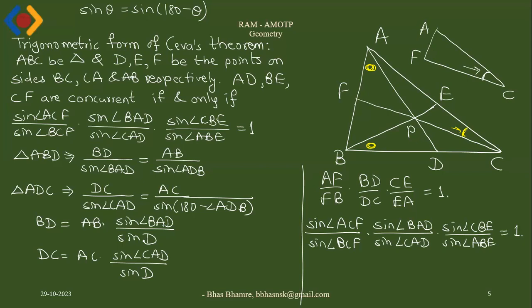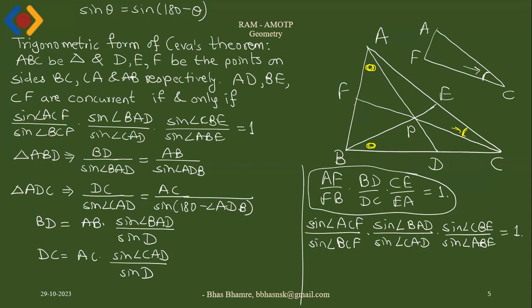Similarly, we get the others. Now, we know that because of Ceva's theorem, we can show AF over FB times BD over DC times CE over EA is equal to 1. This part is well known, or we can prove it by using area relations, or similarities, or maybe Menelaus, and we can come to that point.